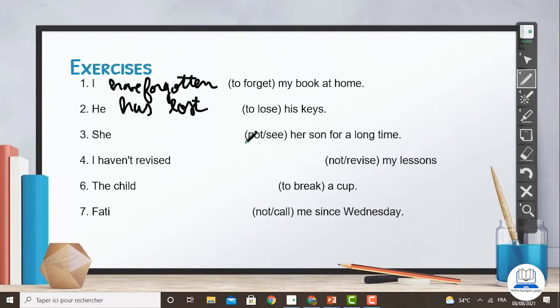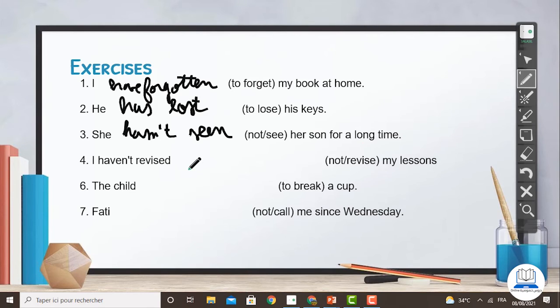She, not she. So she hasn't. Has plus not is hasn't. Sorry for the terrible handwriting. She hasn't seen. The past participle of the verb to see is seen. She hasn't seen her son for a long time.